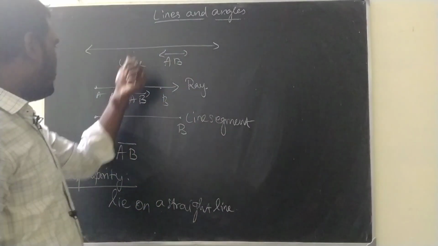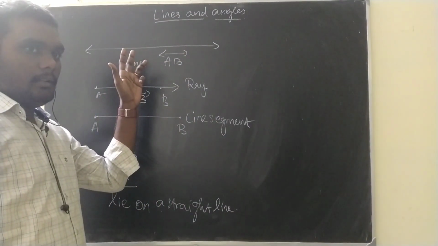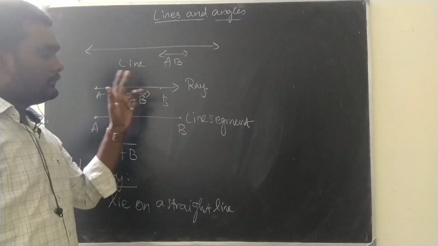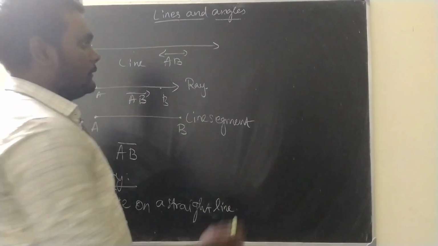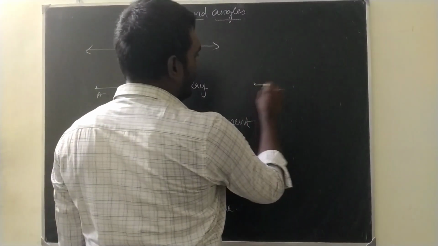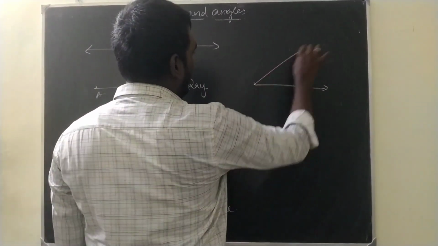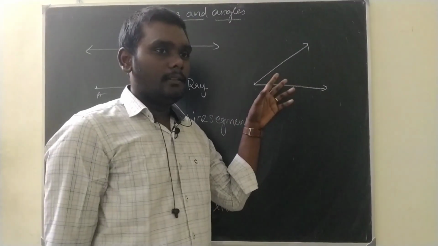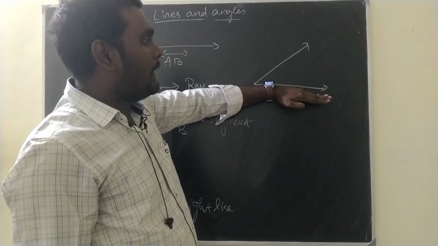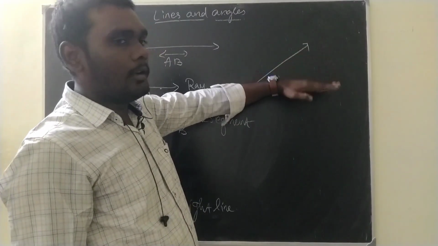Okay. Now these definitions are there: line, ray, line segment, everything. Suppose one ray is like this, another ray is like this. Also, this ray is rotated.